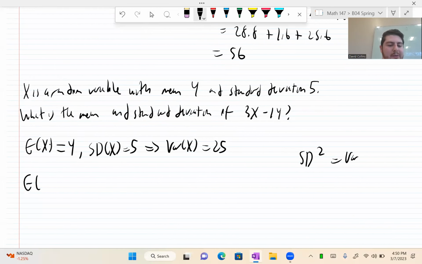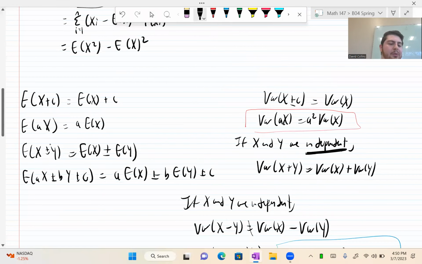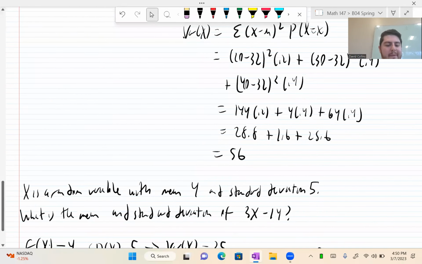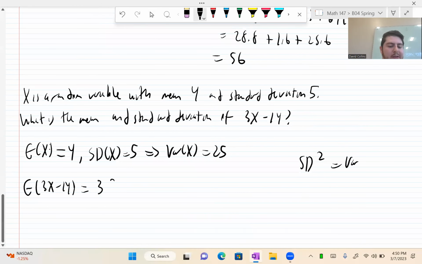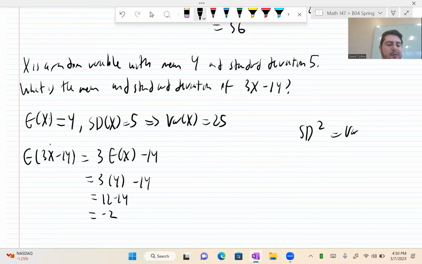So expected value of 3x minus 14 is, well, we're going to use these top two rules on the left. It is 3 times the expected value of x minus 14. Now we just plug the numbers in. 3 times 4 minus 14, 12 minus 14, negative 2.